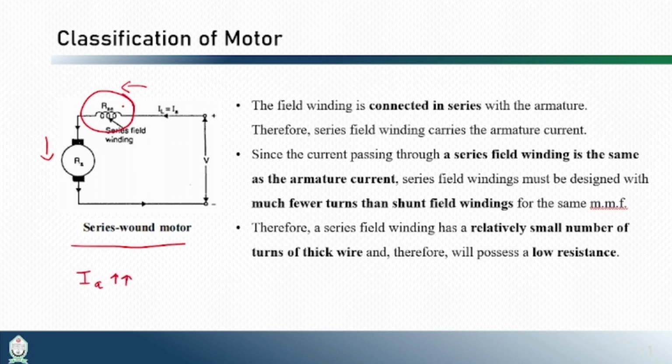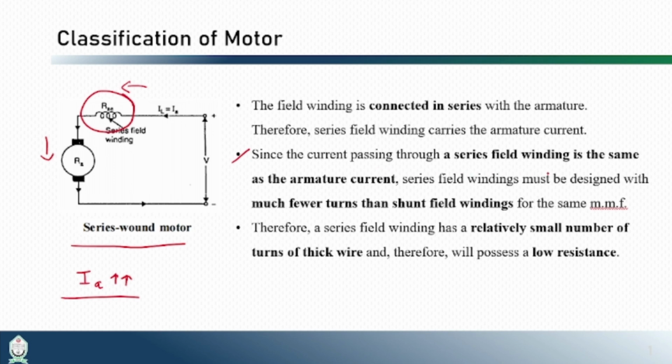But the same current is flowing through the series field also. So we should be careful about designing our series field, and we should design the series field in such a way in a series wound motor that the resistance of this series field is as low as possible. The same thing is written here.